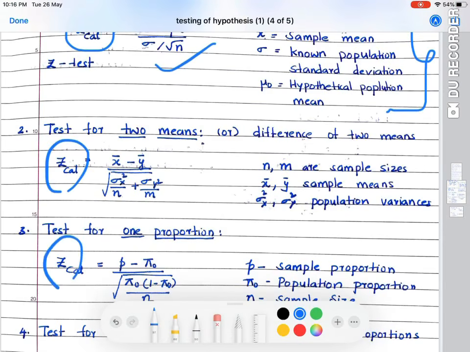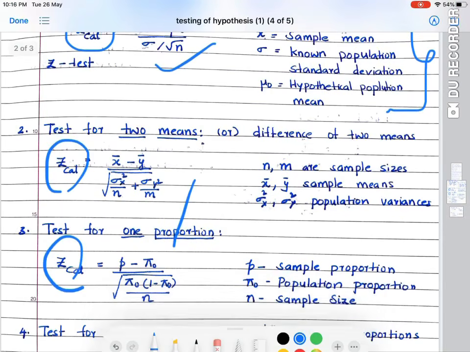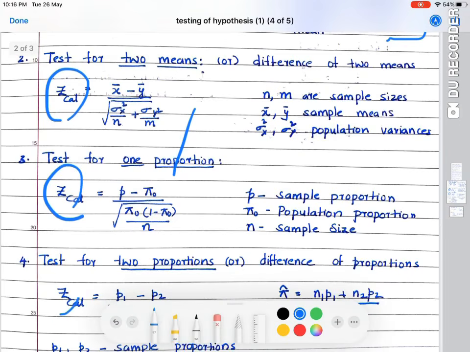Now why am I using z-cal here for all these tests? Because we will also need to find a z tabulated value, z tab. Okay, so z is nothing but the normal distribution variate, the standard normal variate. Standard normal variate means we need normal distribution table values.